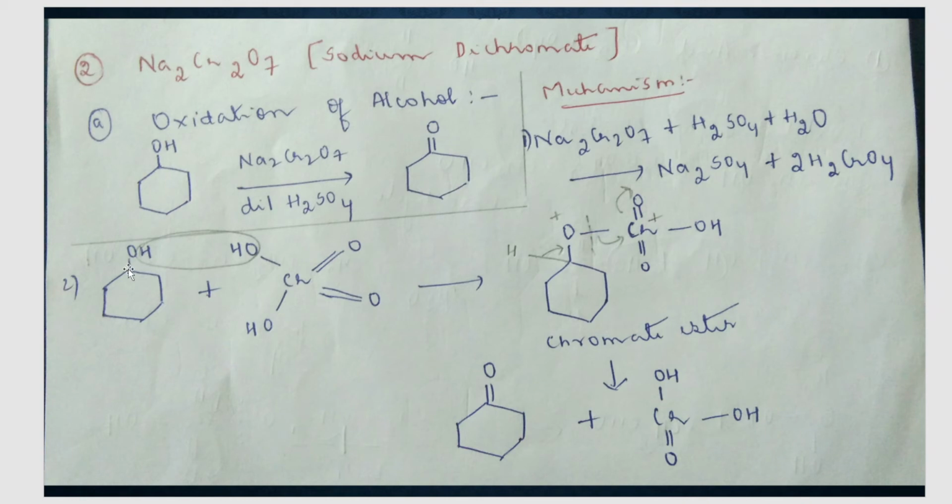Here it has one hydrogen and one OH on itself. So that hydrogen I have shown in this step. Don't think about where this hydrogen came from. It was already there. I did not show it. We usually don't represent it when we are writing it like this, but it is understood. So this hydrogen is there.